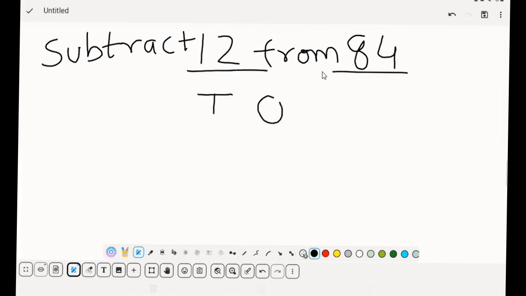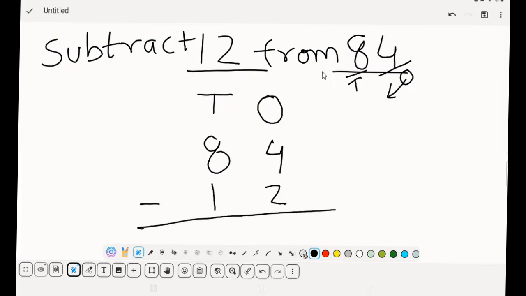First we will write TO. Then in 84, this 4 is in the position of O and this 8 is in the position of tens. So we will write them respectively. 4 will be below O, and 8 below T because it is in the tens position. Similarly, we will write 12 with the minus sign in the TO pattern.